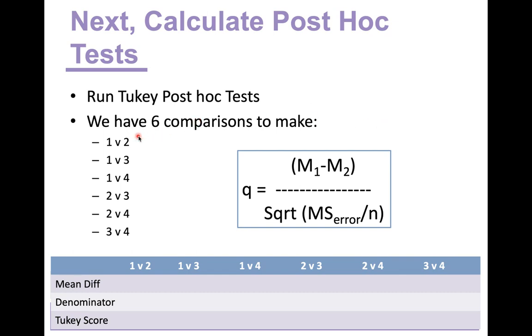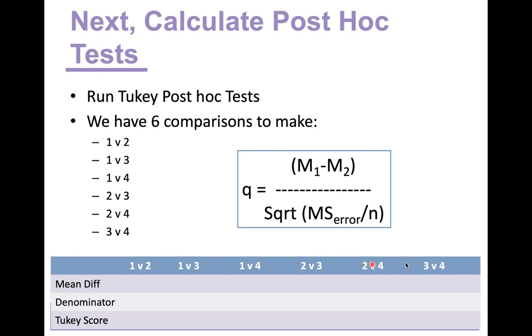So we actually need 6 comparisons because I have level 1 versus level 2, level 1 versus level 3, level 1 versus level 4, level 2 versus level 3, level 2 versus level 4, and level 3 versus level 4. 6 total comparisons, right? Every possible comparison across 4 groups.